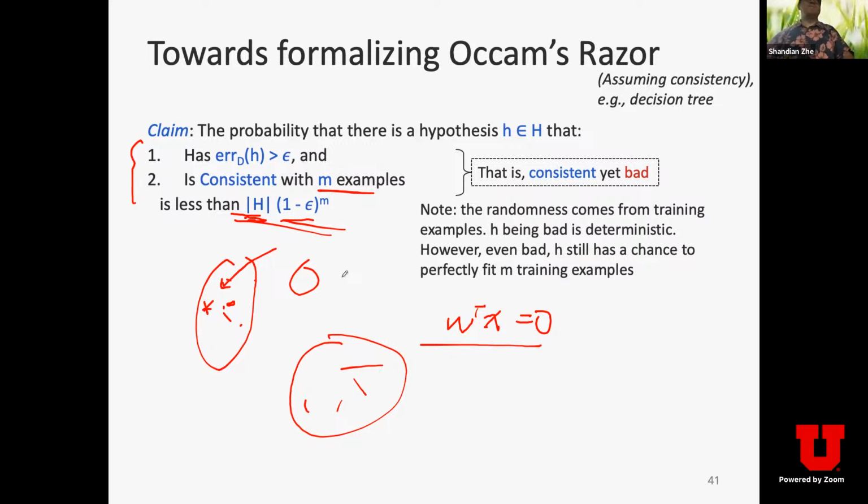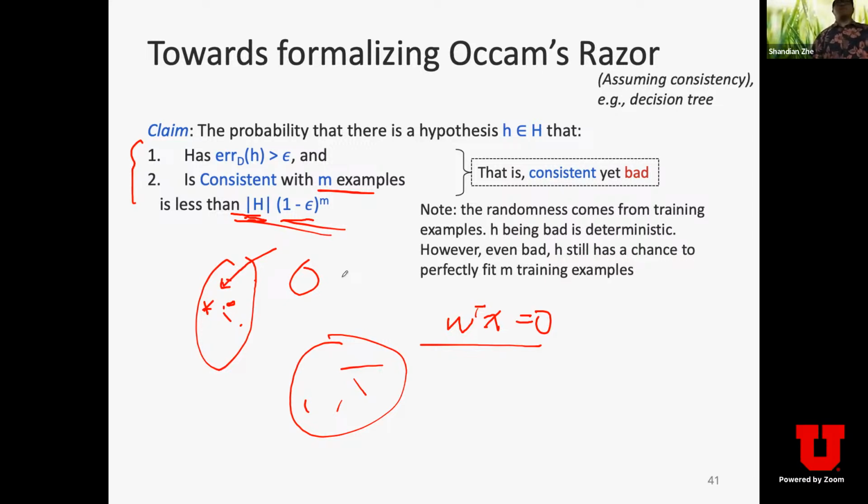Another question? If you feel uncomfortable, read through this multiple times. But the idea is like that. The key idea which we want to deliver is that even if you can find a hypothesis perfectly fitting the training set, it doesn't mean you got good generalization error.